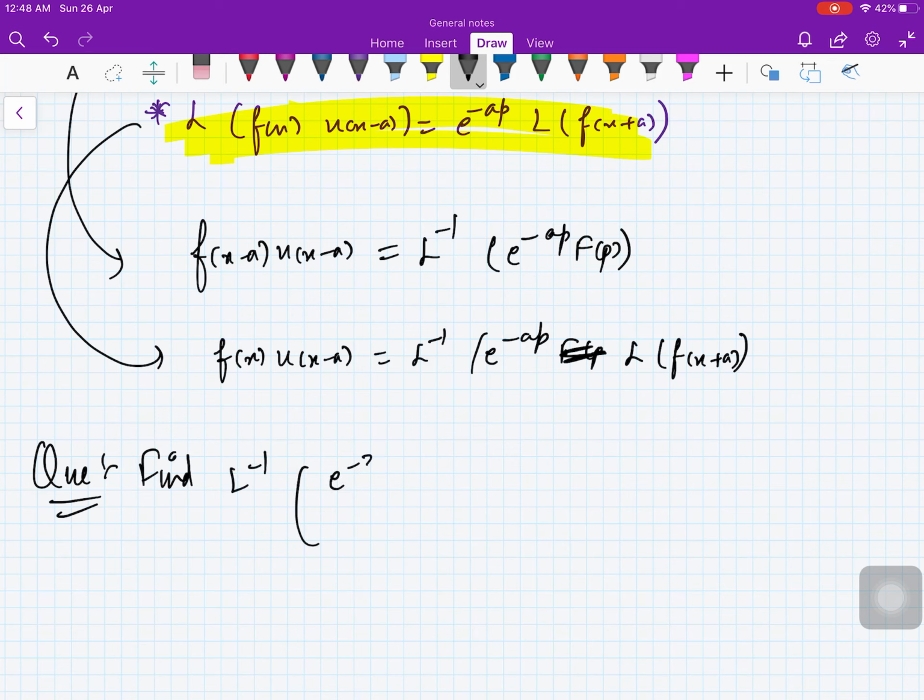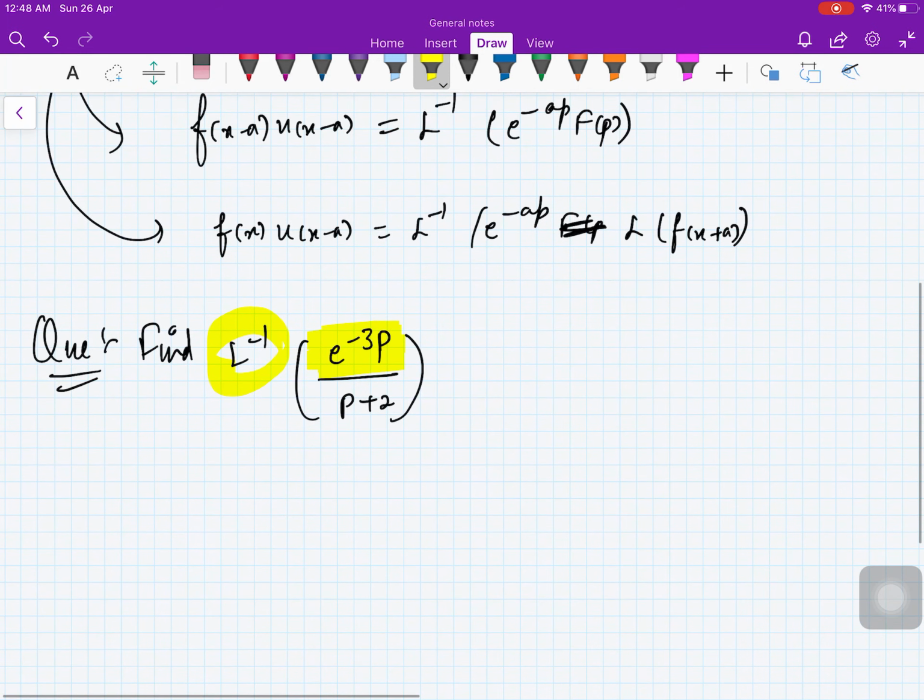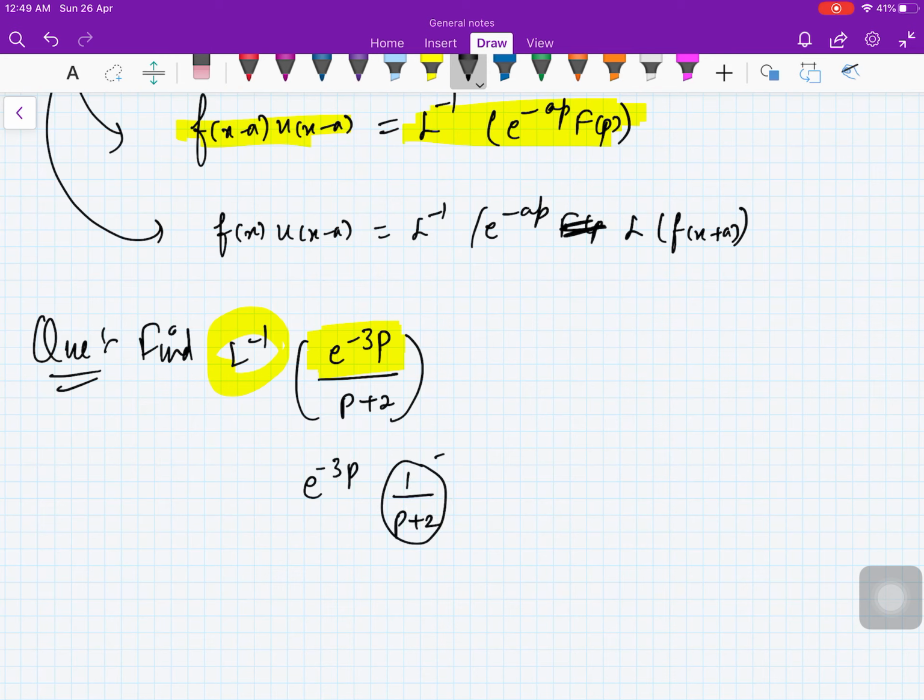So you have this question: find L inverse of e raised to power minus 3p upon p plus 2. If you recall all the properties which we have done for finding Laplace inverse, there is no property which will help you when there is a multiplication with e raised to power minus 3p. So you have to use the second shifting theorem only. Compare it: this is e raised to minus 3p into 1 upon p plus 2.